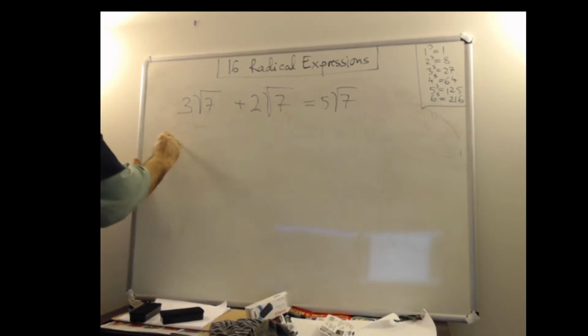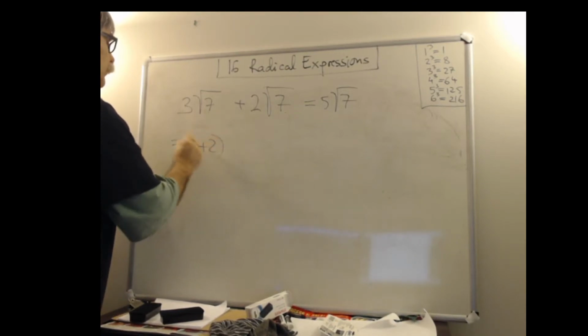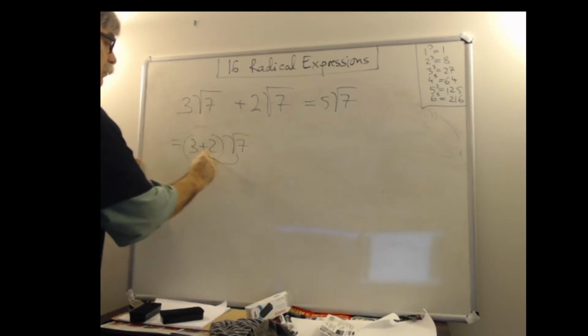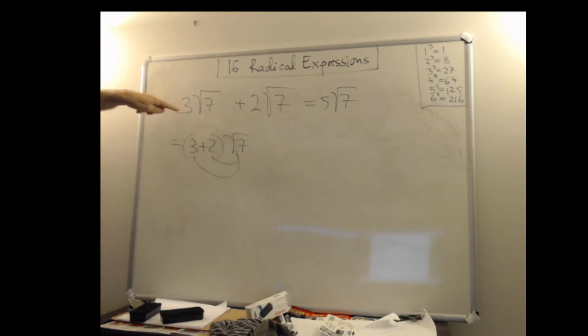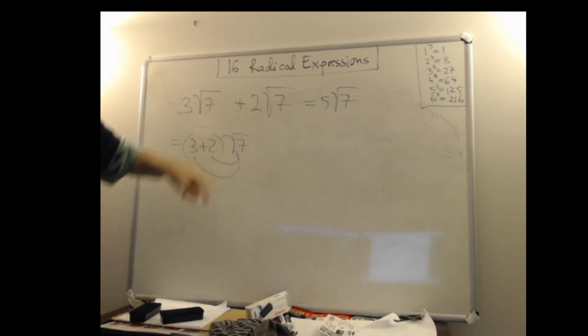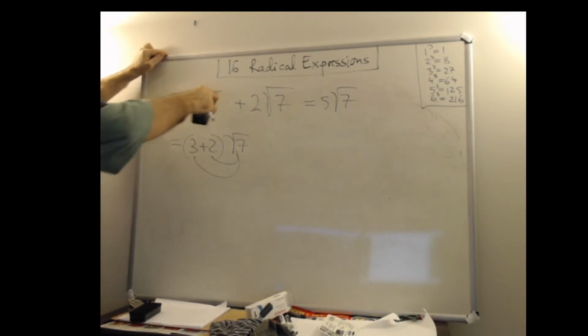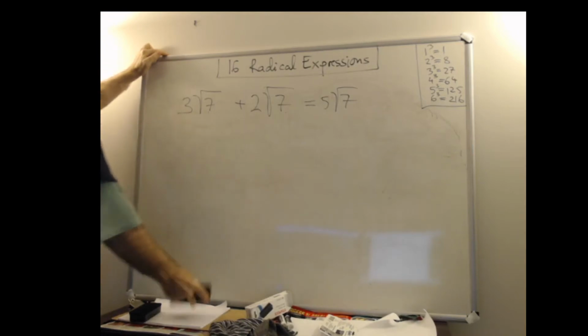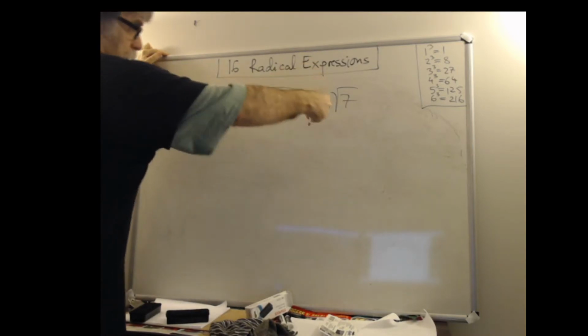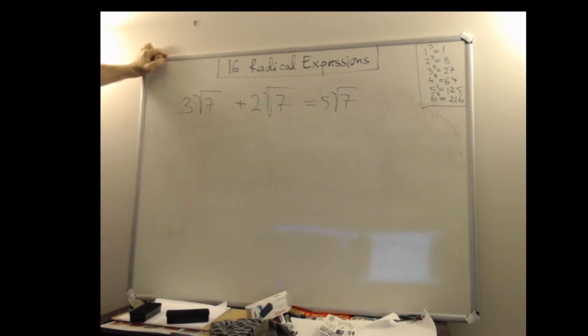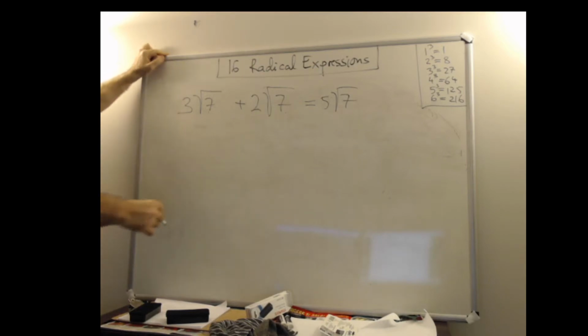So distributivity says 3 plus 2 times radical 7, right? You multiply this, and you have this multiplication 3 times radical 7, and this multiplication 2 times radical 7. So that's the distributivity in progress, but then of course you can remember the fruit analogy. 3 apples, 2 apples, 5 apples. But that can only be done if you have the same index and the same radicand. So you gotta remember this.